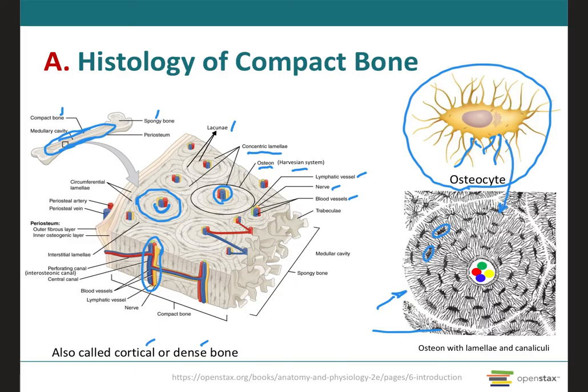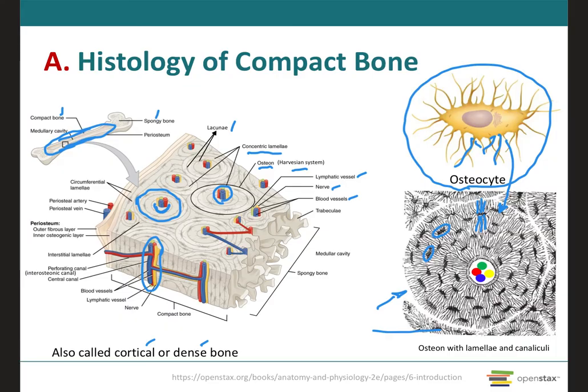Because the osteocytes have several projections, these projections will form even smaller canals called canaliculi. Canaliculi means small canals or small channels. And these canaliculi are going to be filled with extracellular fluid coming from the osteocytes themselves.